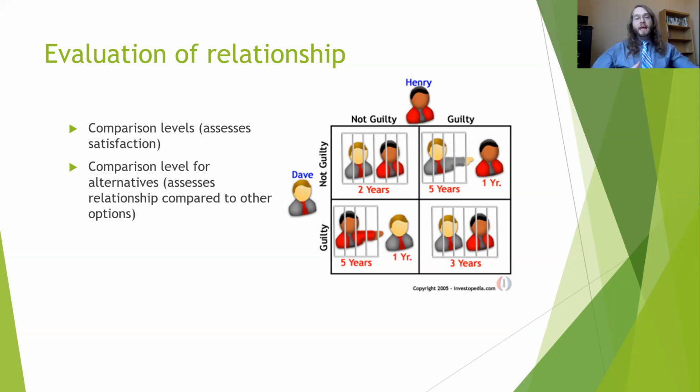In other words, it is the most beneficial option for both people to confess to a crime. But if one person cheats the other person, then they have the potential to do better, right? And to get less of a sentence. But if neither of them confess, then they end up with a sentence that's worse than if both of them chose to confess.